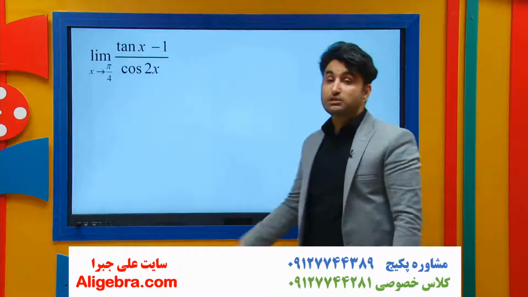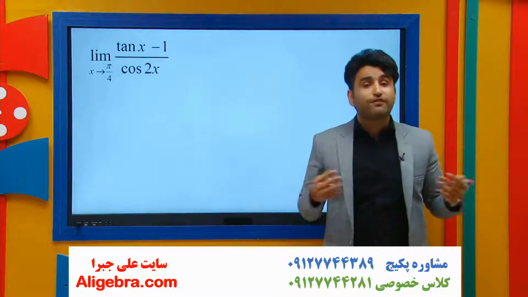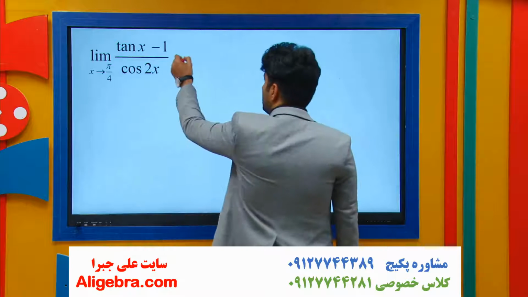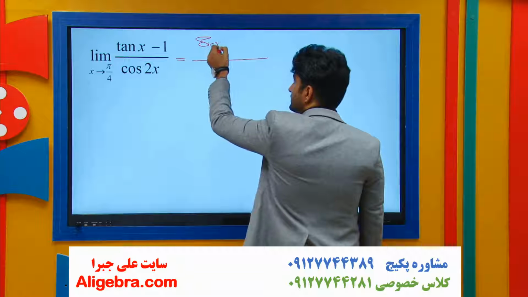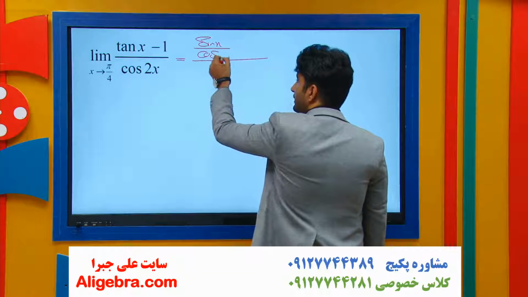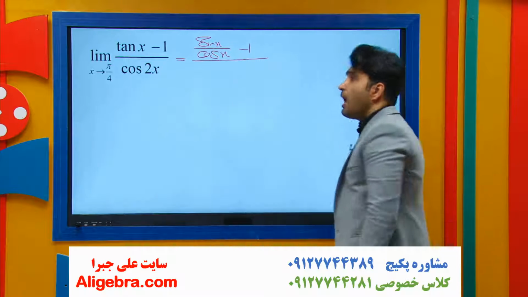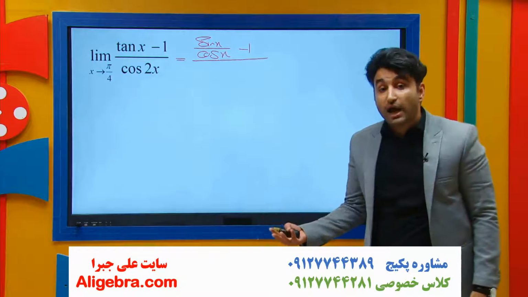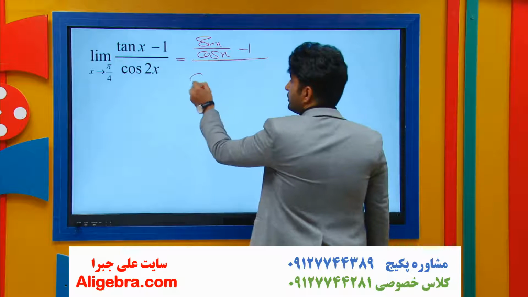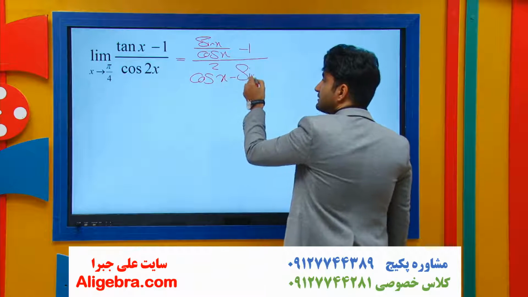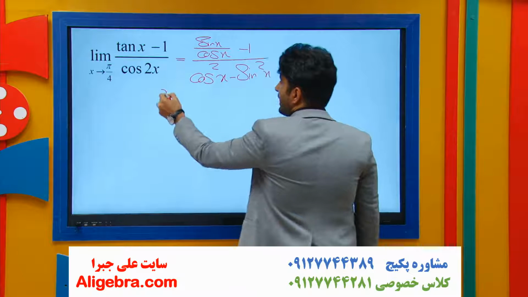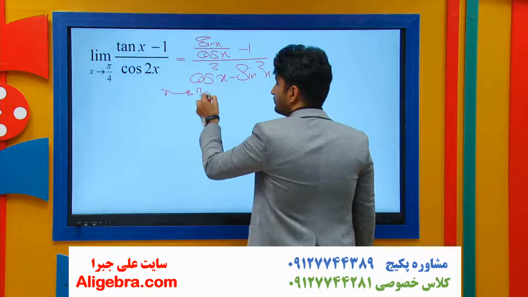Now, let's solve this problem by using the trig formula. On top, tangent x is equal to sine x divided by cosine x, minus 1. On the bottom, cosine 2x is cosine squared x minus sine squared x, as x approaches pi over 4.